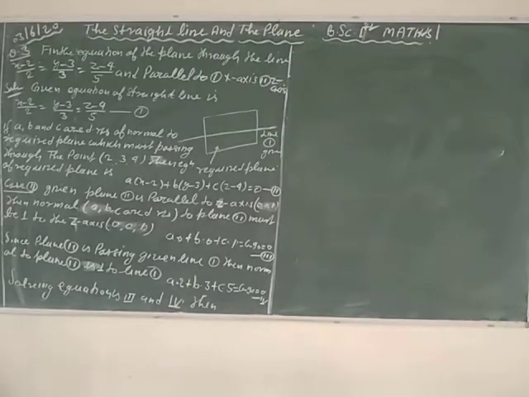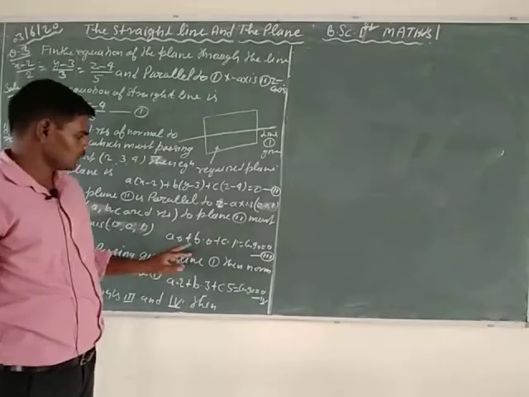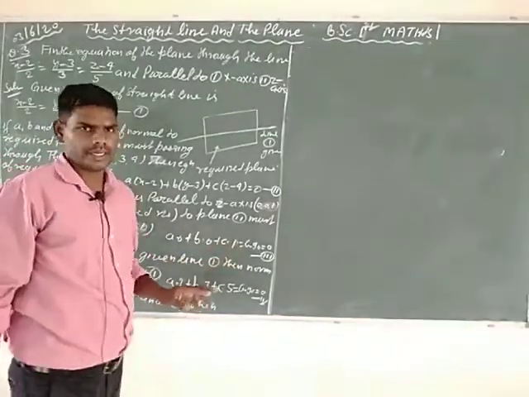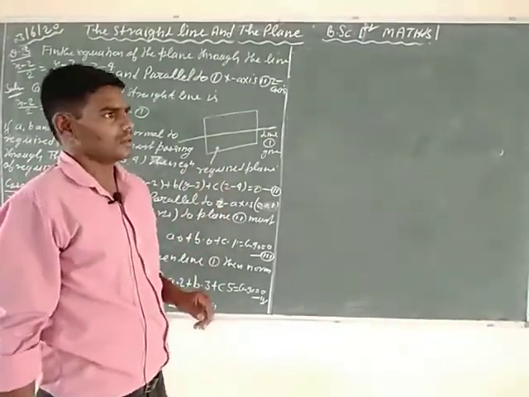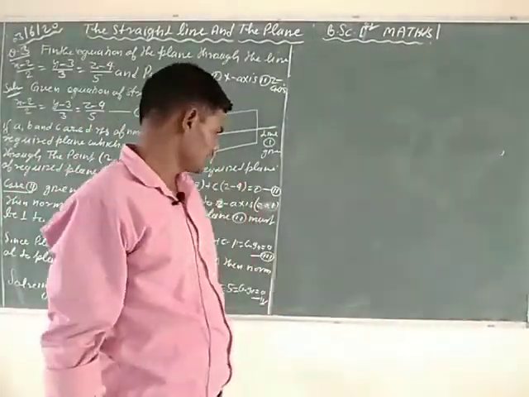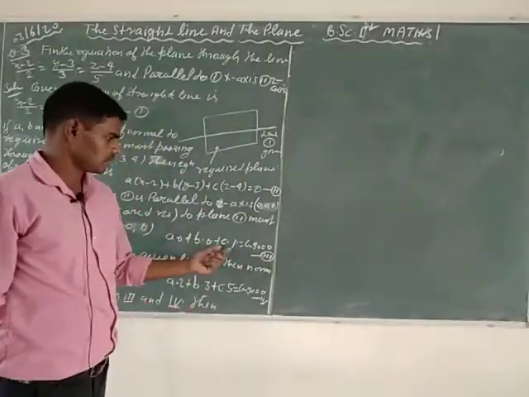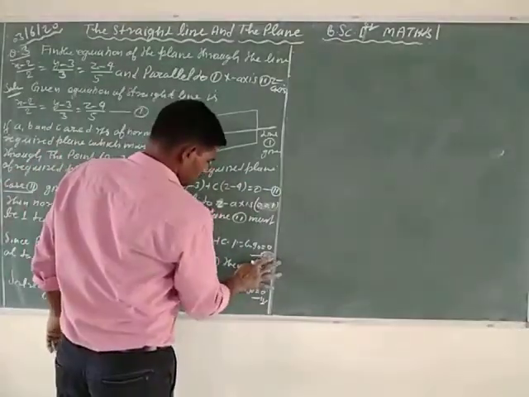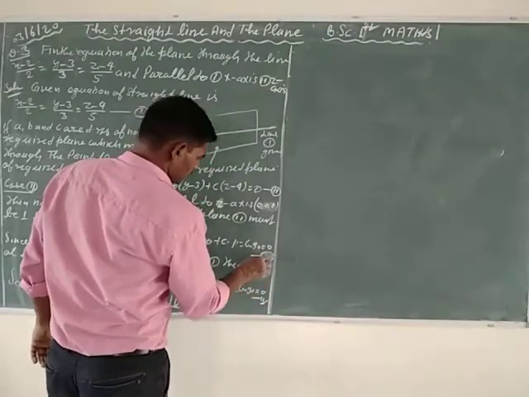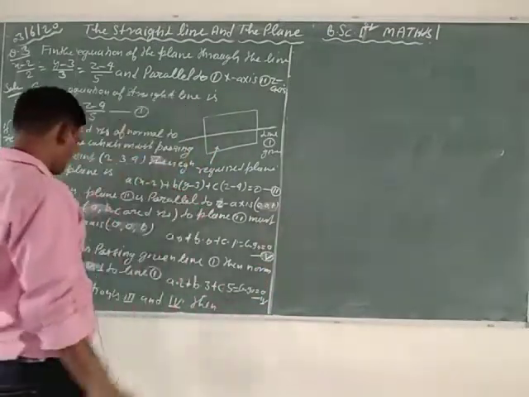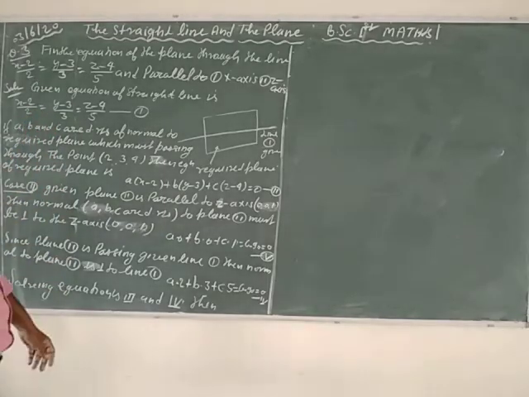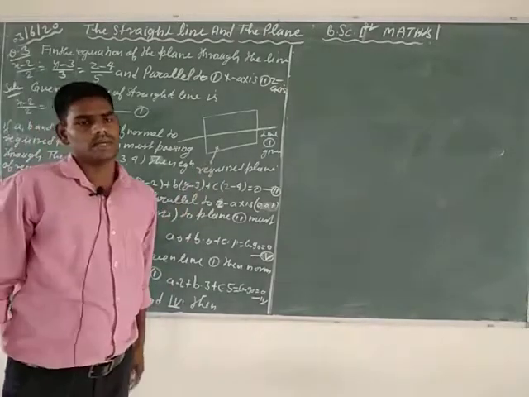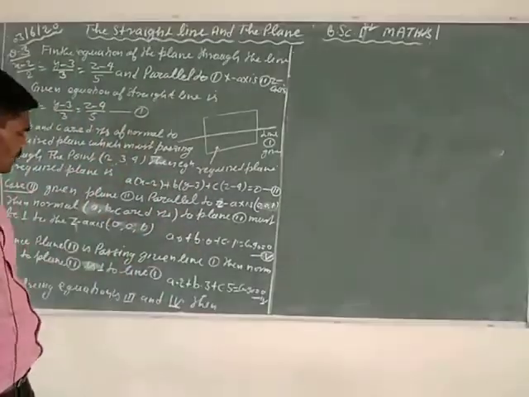In the case second, here a into 0, b into 0 plus c into 1 is equal to cos 90, because the plane is parallel to the z-axis, so the normal of the plane must be perpendicular to the z-axis. This is condition fifth. Also it is given that the required plane is passing through straight line first, therefore the normal to the plane must be perpendicular to this line, line first.